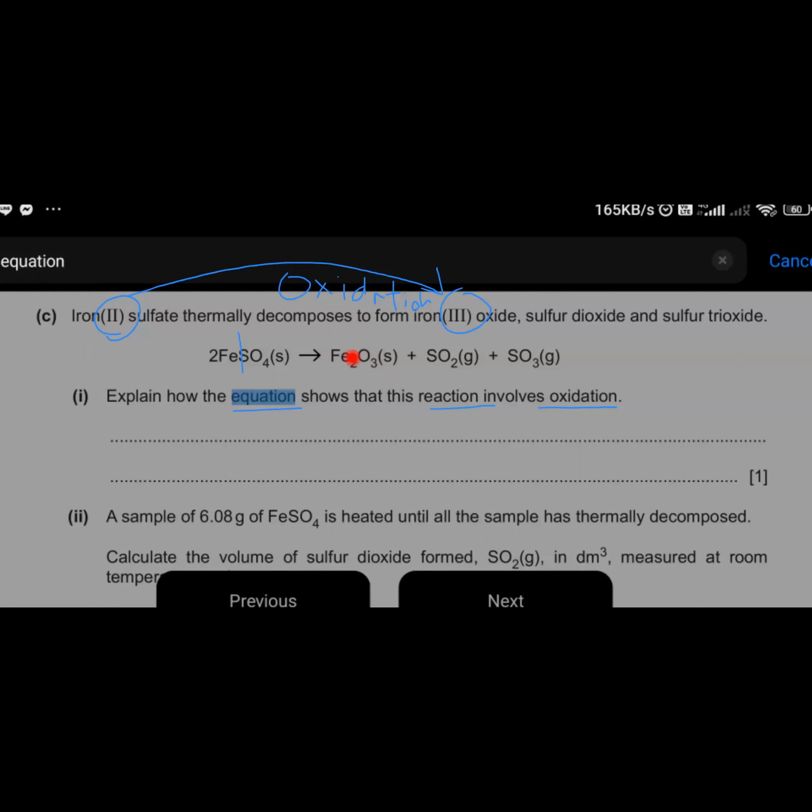If you break this down, you get 1 iron atom containing 3 plus and oxygen atom containing 2 minus. Here iron 2 plus, and this becomes a sulfate, 2 minus, right?